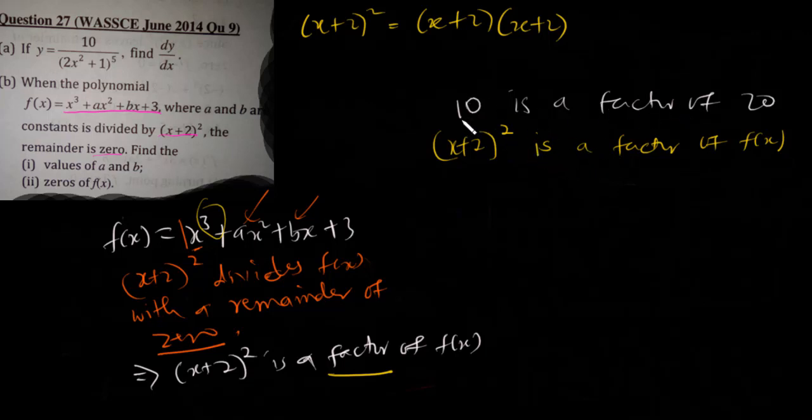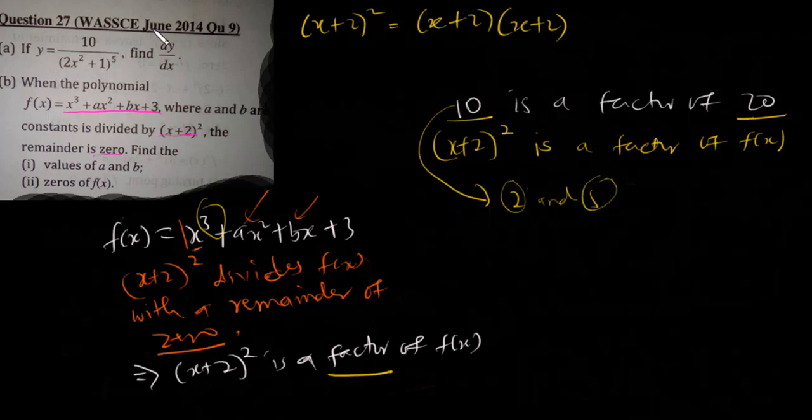Now when you are told that 10 is a factor of 20, that means that 10 can divide 20 without a remainder. But does 10 also have factors? Of course, and some of these factors are 2 and 5. Listen carefully. 10 divides 20 exactly, so 10 is a factor of 20. But 10, the divisor, too has factors, which are 2 and 5.